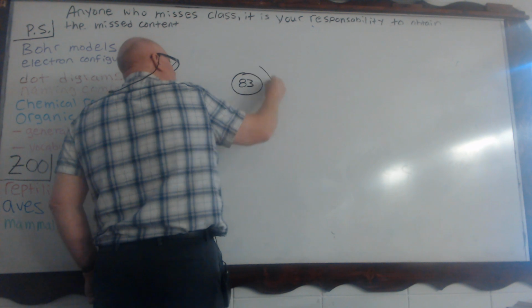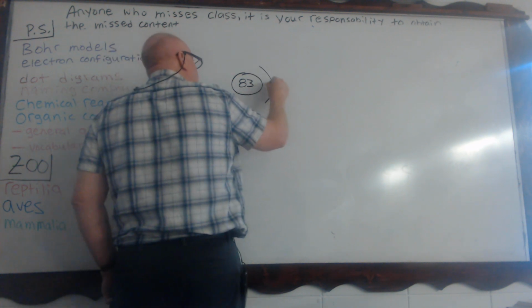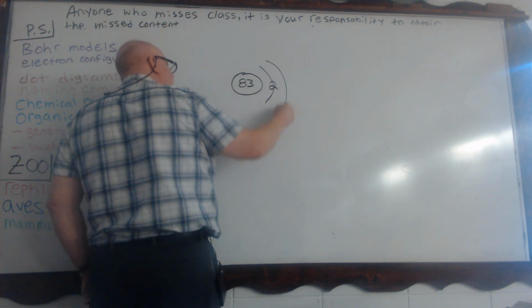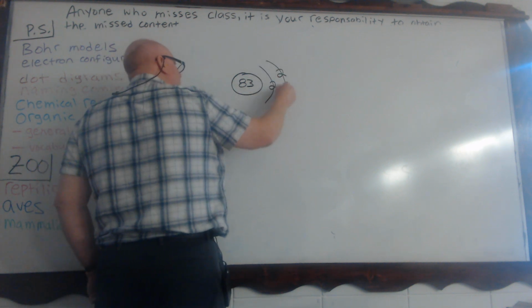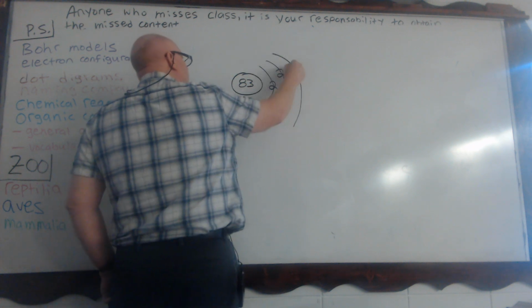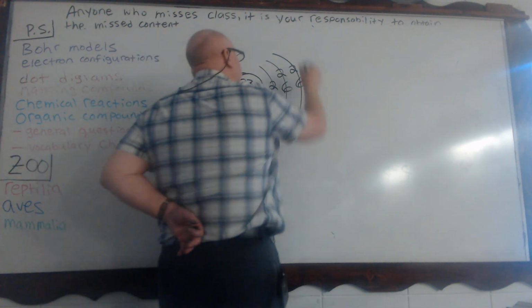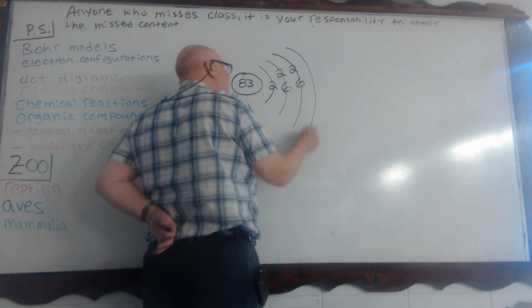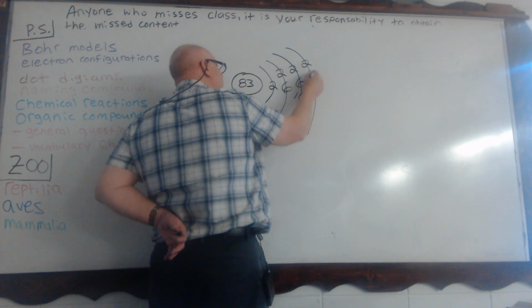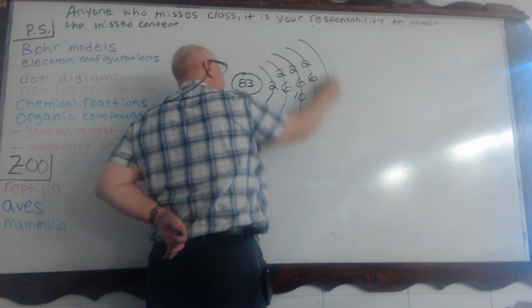We know 1s2, then what? 3p6, 4s2, 3p6, 4p6, 5s2.